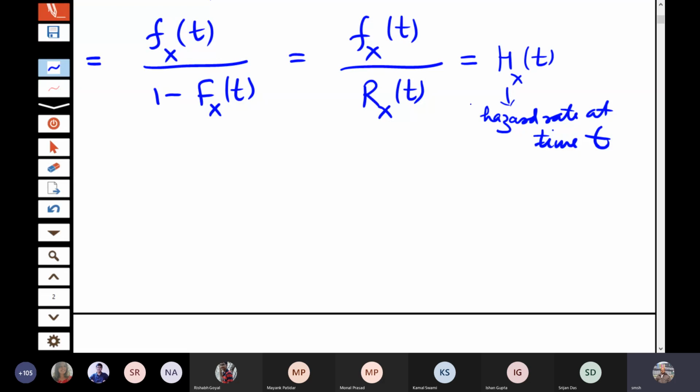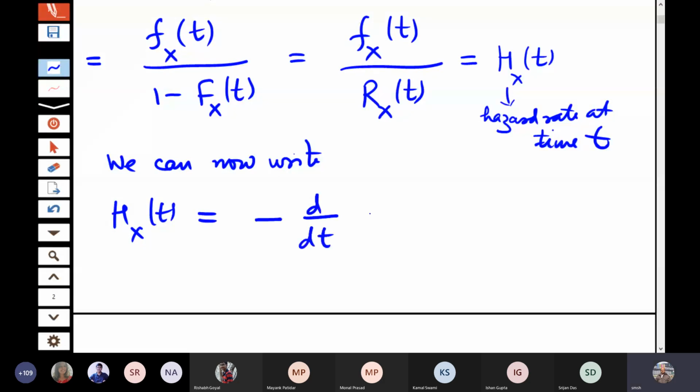Now I will consider the reverse part of this also. We can write this h_X(t) as minus d by dt of log of 1 minus F_X(t). We can write it like this also, because if I differentiate log of 1 minus F_X(t), I will get 1 by 1 minus F_X(t) into small f_X(t) with a minus sign, so minus minus will become plus.